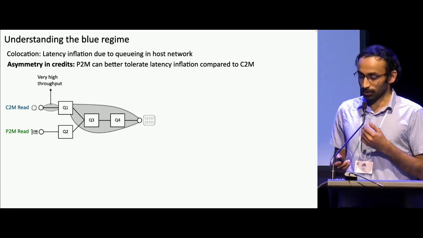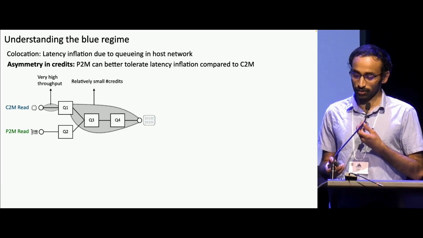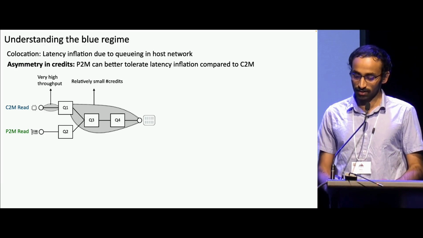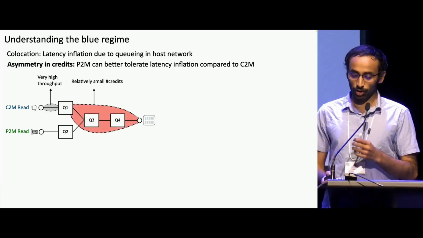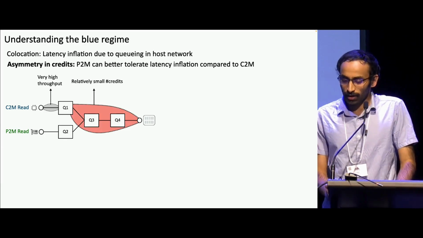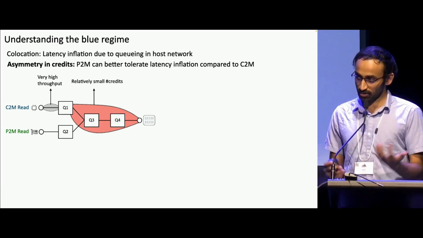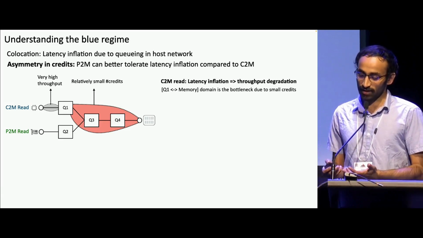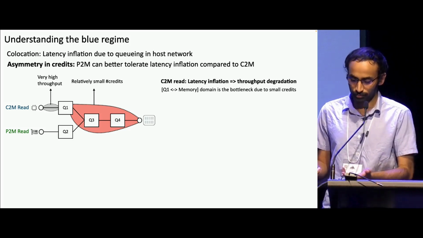On the other hand, the domain on the right-hand side incurs a much larger latency, and it also has a relatively small number of credits. As a result, it ends up being the bottleneck, even when the system is not loaded. And because it's the bottleneck domain, its credits are going to be fully utilized, and any latency inflation for this domain is going to result in throughput degradation.